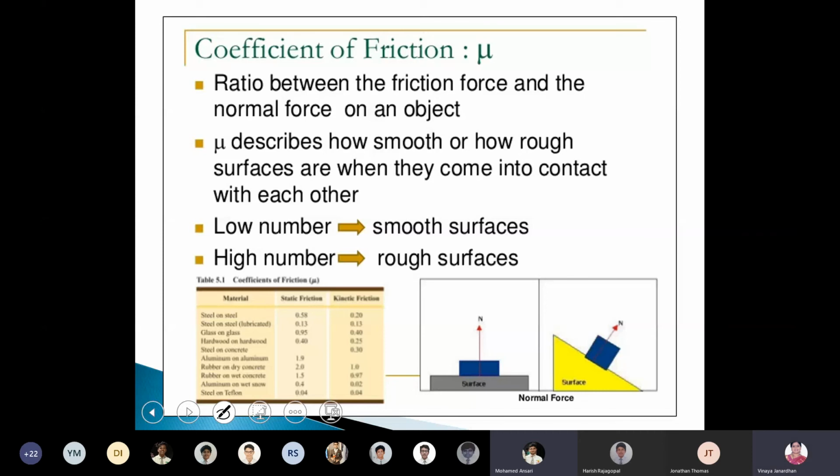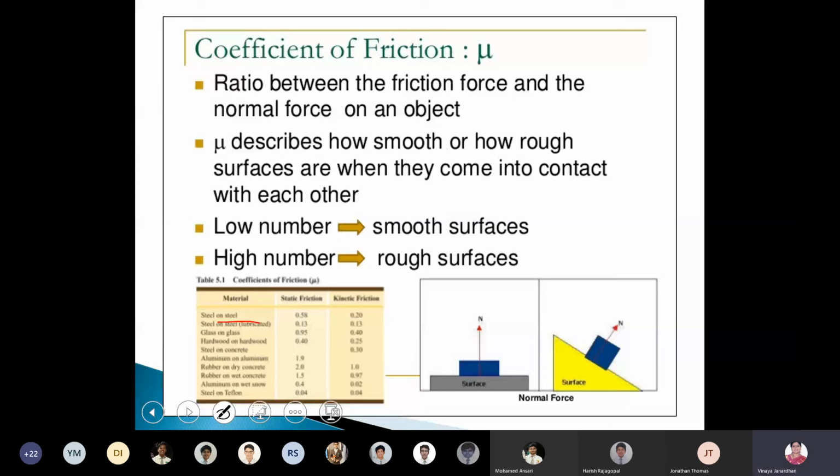Look at the tabular column, boys. For static and kinetic friction, a steel object moving over a steel surface has static friction of 0.58. Look at the values of static and kinetic friction. Your kinetic friction, F_k, is always less than the static friction. That you should understand.